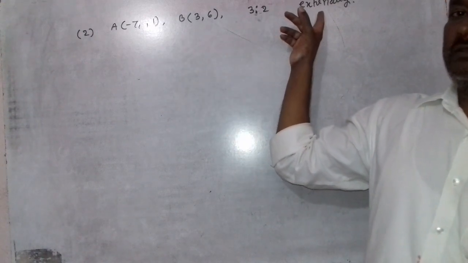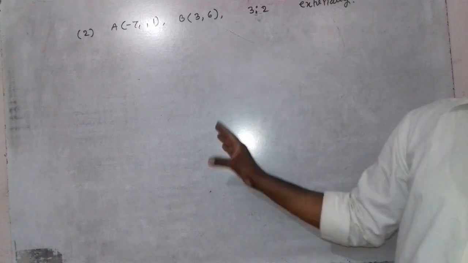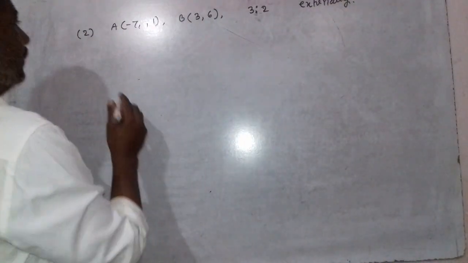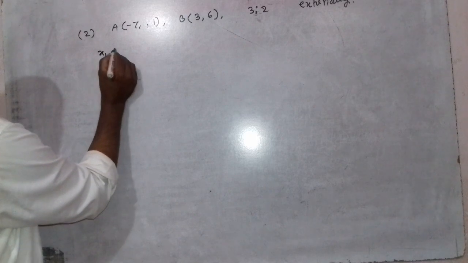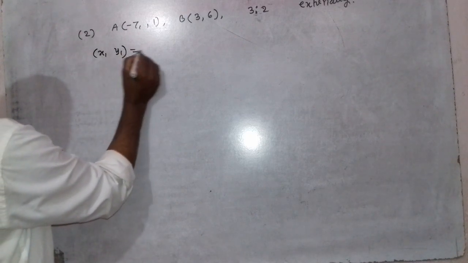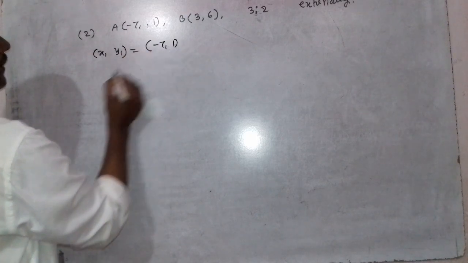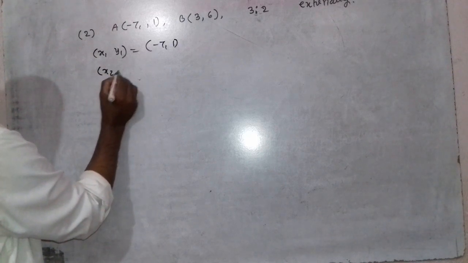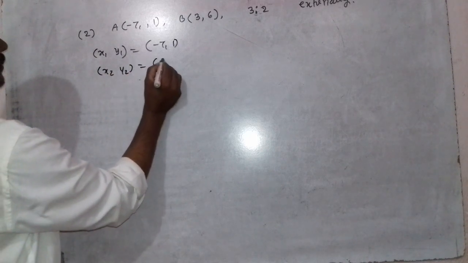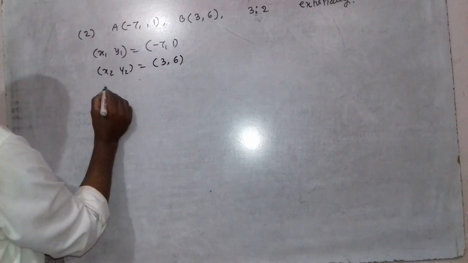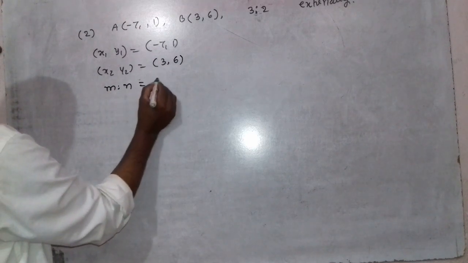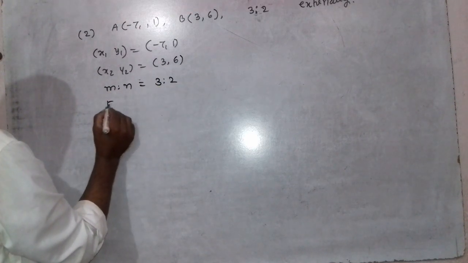So external ratio is there. First write the given things. So therefore x1 y1 is minus 7 comma 1, x2 y2 is 3 comma 6, m is to n is 3:2 externally.